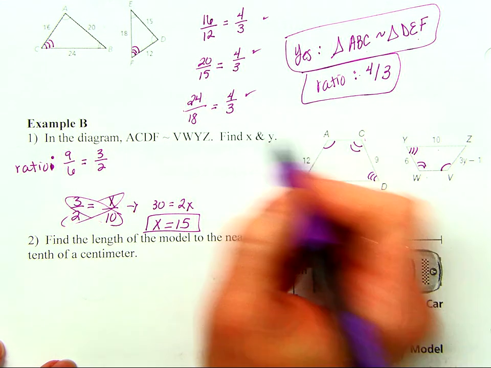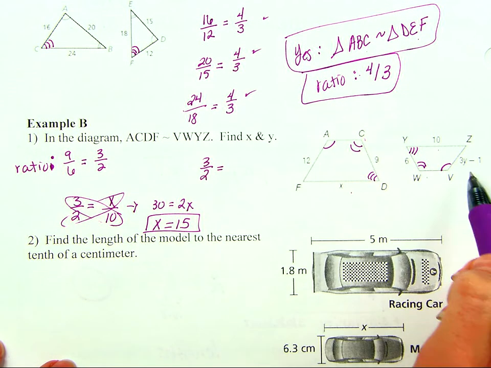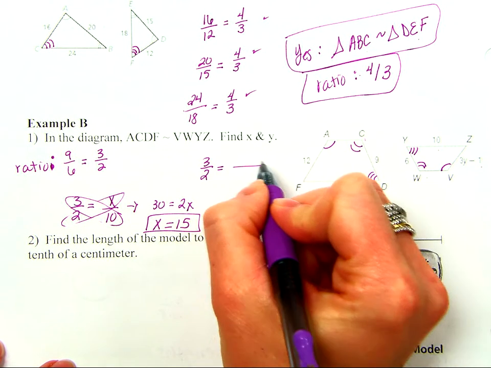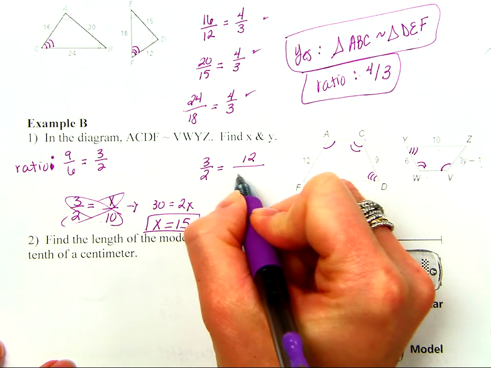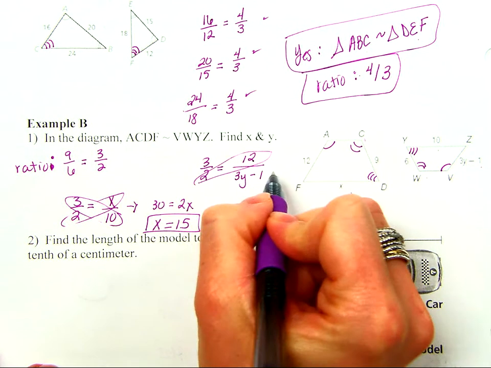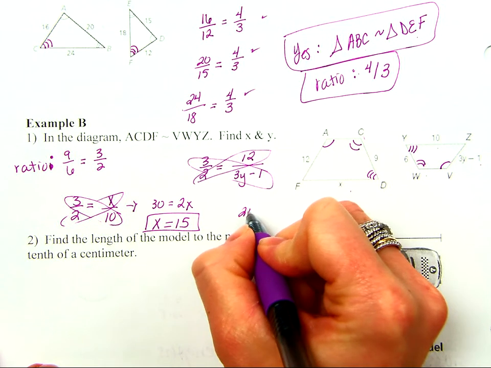If I take my same ratio, 3 to 2, now I look to solve for my value for y. Well, I can see 3y minus 1 then is going to correspond to 12. I need to make sure I put 12 on the top, that's to the bigger figure, and 3y minus 1 on the bottom. If I look at my cross products, well, 2 times 12 is 24.